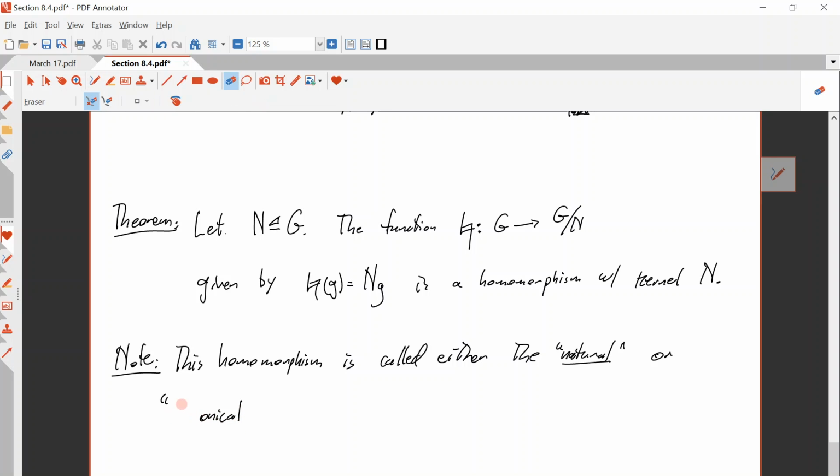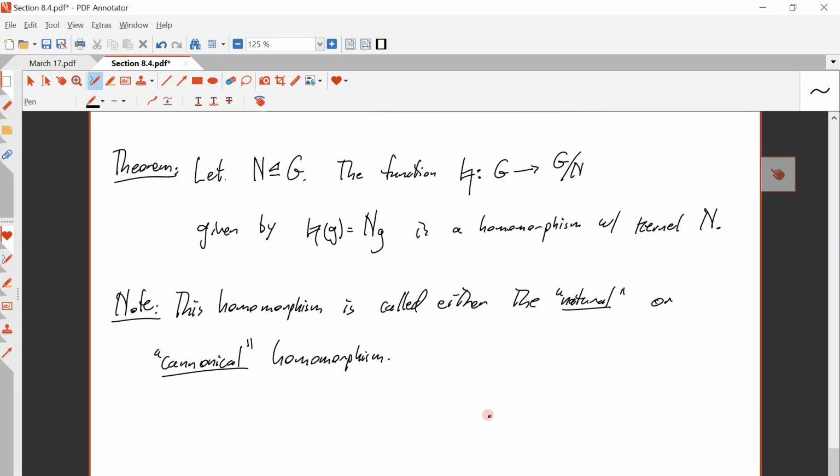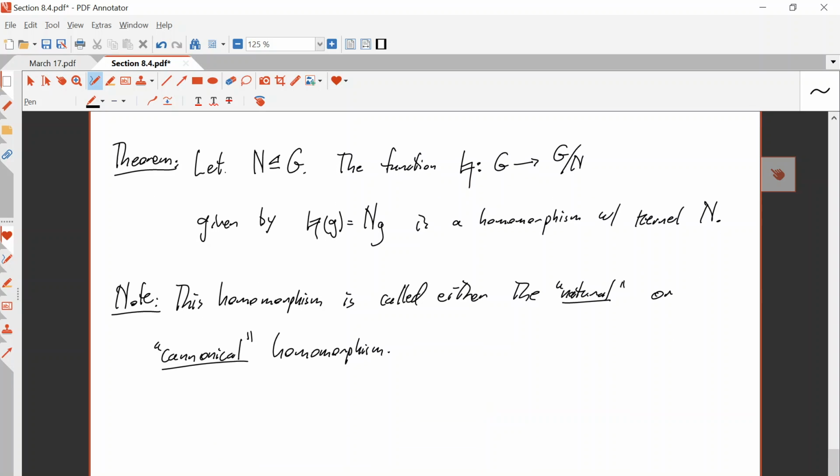Did I spell that right? I think it's with two N's. Yeah, canonical homomorphism. Right, so hence the usage of the natural symbol for music to denote that.